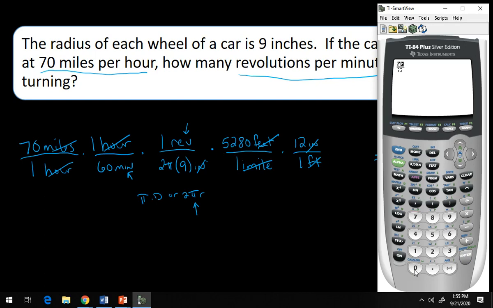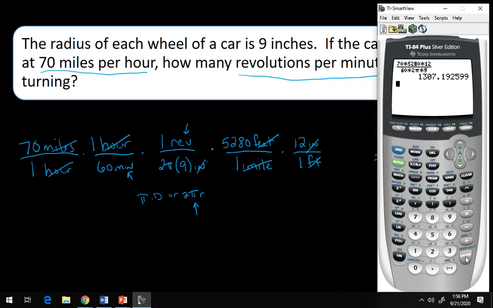So I'm going to have 70 times 5,280 times 12. And on the bottom, I'm going to have 60 times 2 pi. Pi is above the caret there. Times 9. And that's it.